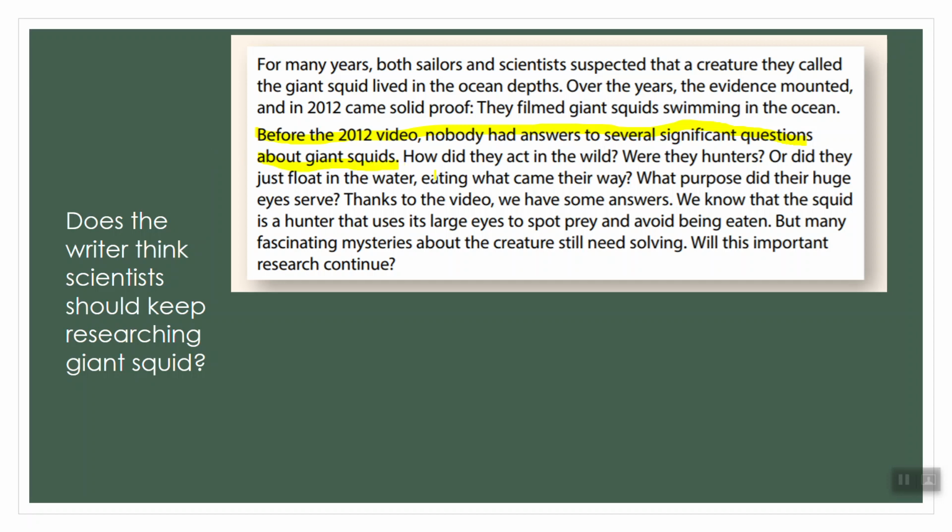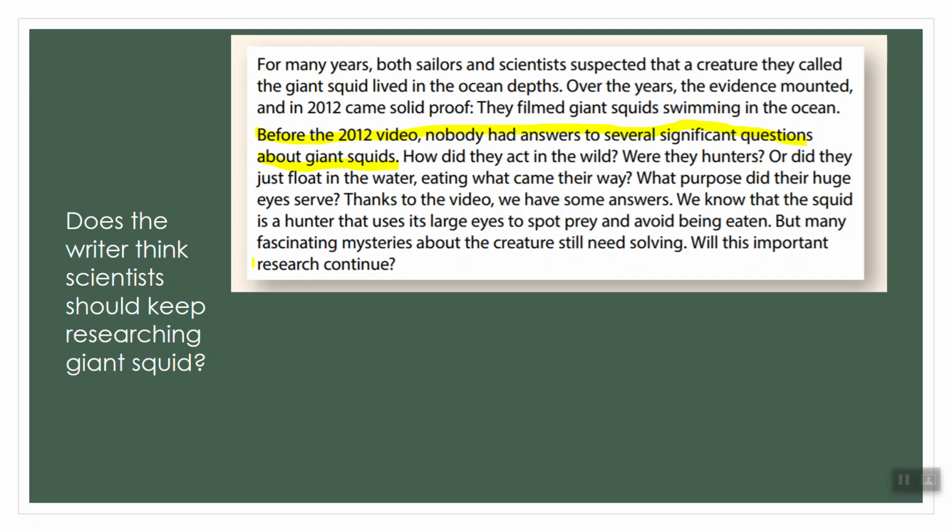How did they act in the wild? Were they hunters, or did they just float in the water, eating what came their way? What purpose did their huge eyes serve? Thanks to the videos, we have some answers. We know that the squid is a hunter that uses its large eyes to spot prey and avoid being eaten.